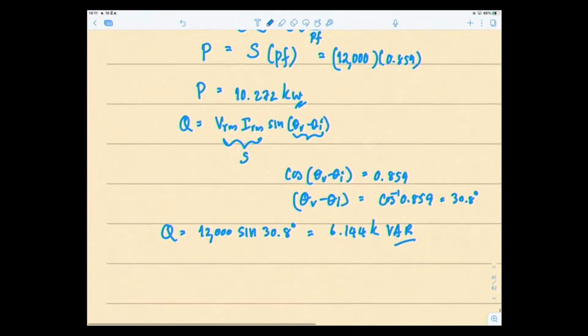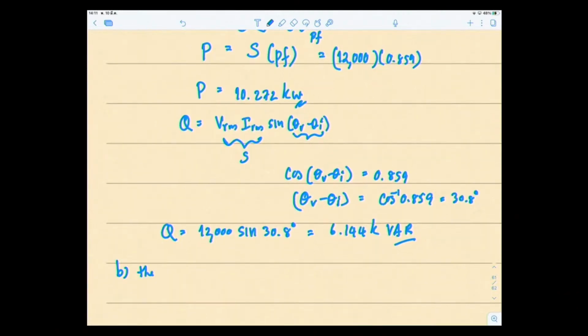Okay. The second question is, we want to find the peak current, or the current that goes through this load. So let's see, what do we know?